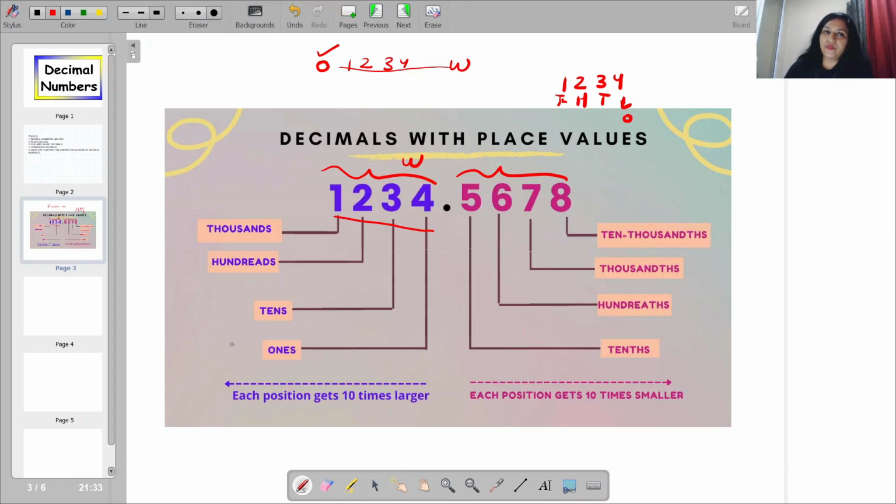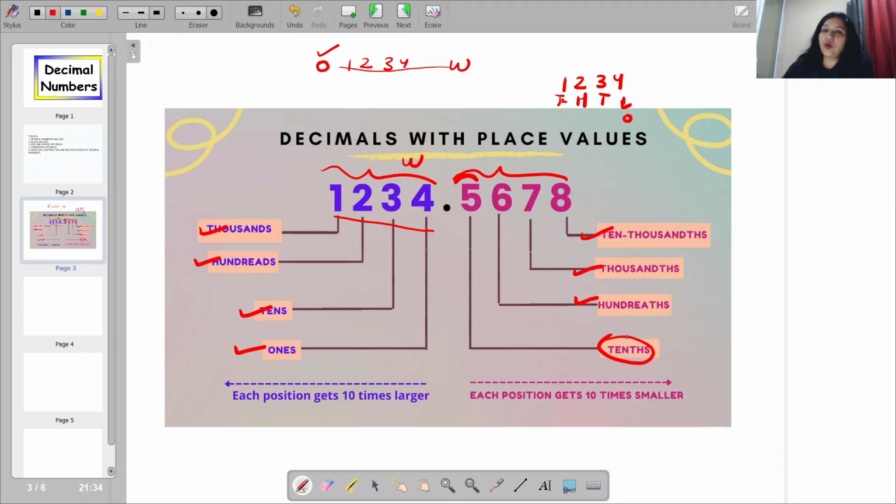First the 4, this is ones, tens, hundreds, and thousands. Correct? Now the difference comes when we move to the first digit to the right of the decimal. Like to the left of the decimal we have ones, but there is no ones place here. The first digit to the right of the decimal has the place value tenths. Starting from tenths, the next is hundredths, thousandths, and ten-thousandths.